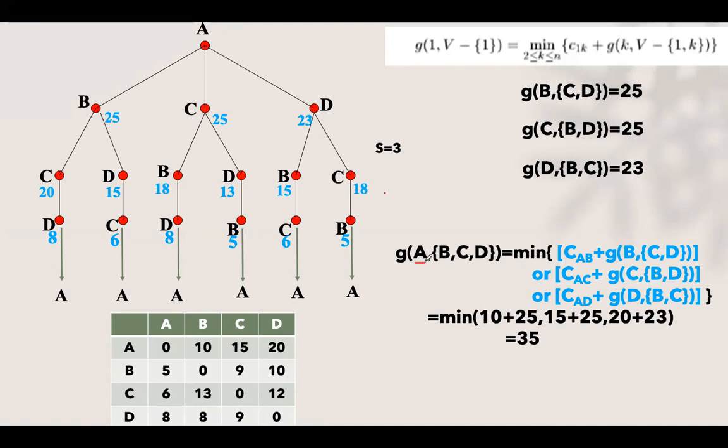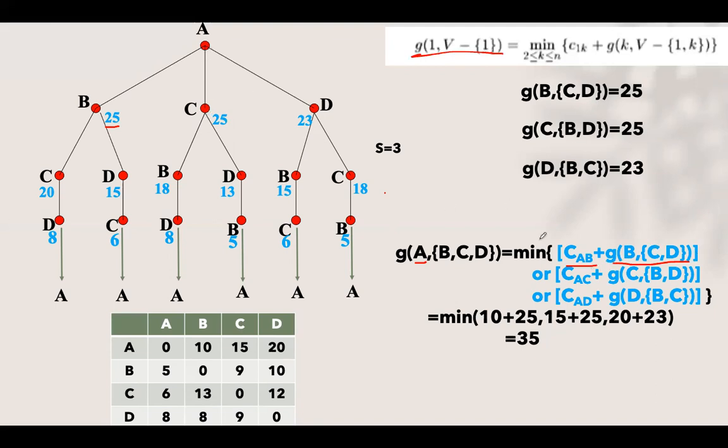This is the final formula, from A to either B or C or D. If you take B, first write down the cost of A to B, plus this previous calculation, cost of B to C or B to D, that we have done in the previous calculation.